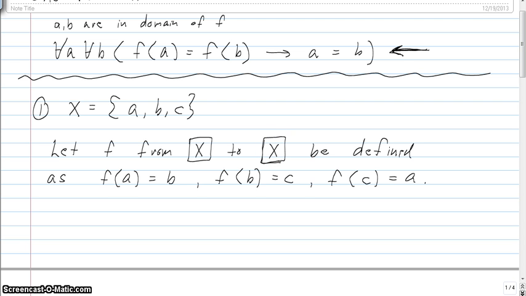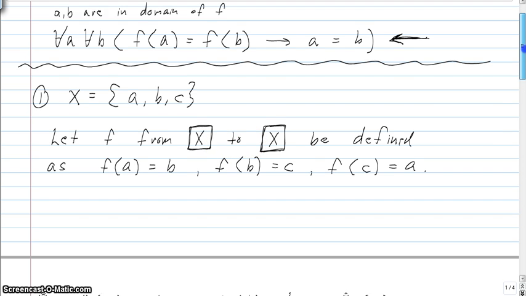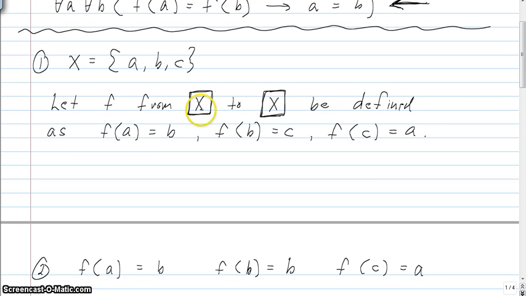This first set is called the domain, which we do talk about in college algebra, and we define a function from the domain to a second set called the codomain, a little bit different from the range. Those really have to be in place for us to fully understand a function, going from the set ABC to the set ABC, and the exact assignments of the function are given here.